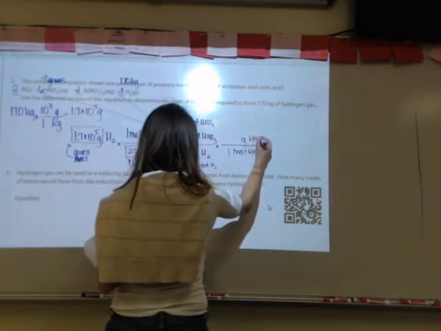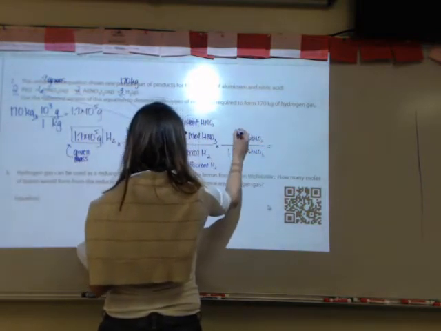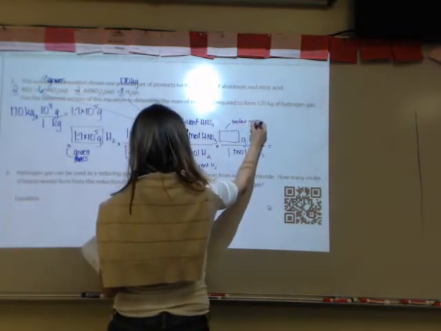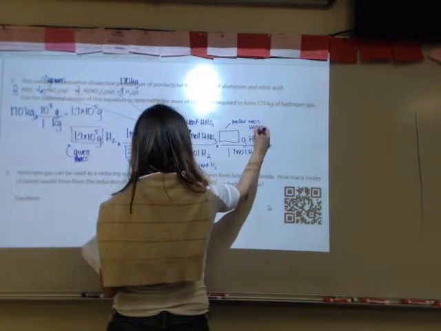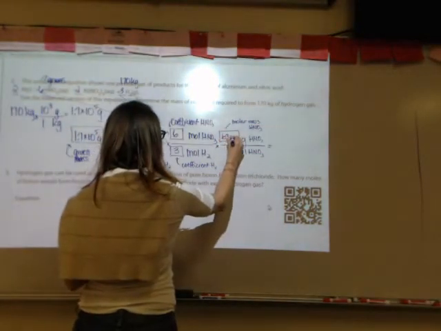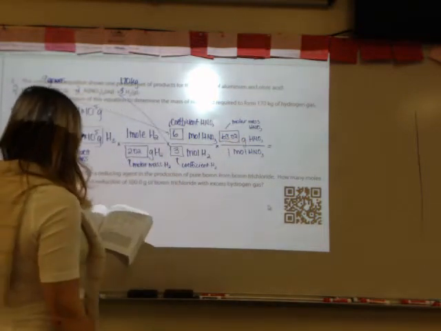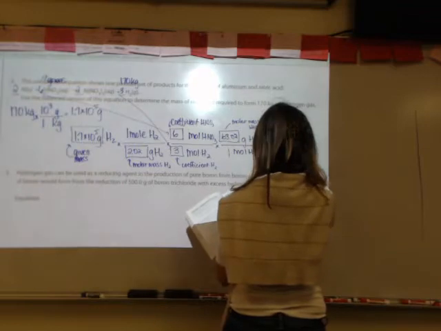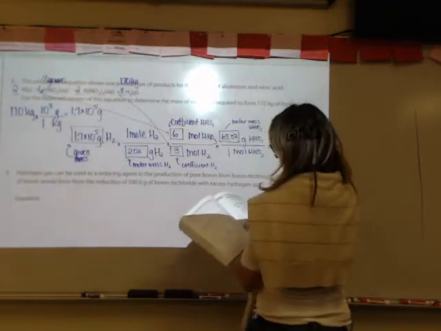The molar mass of HNO3 will go here. And the molar mass of HNO3, I calculated it, it's 63.02. You should end up with 1.1 times 10 to the 7th grams of HNO3.